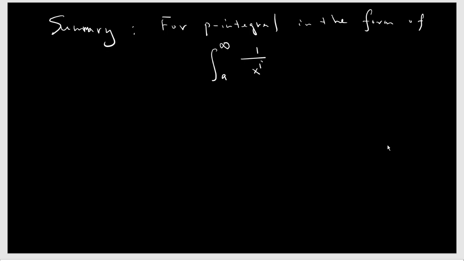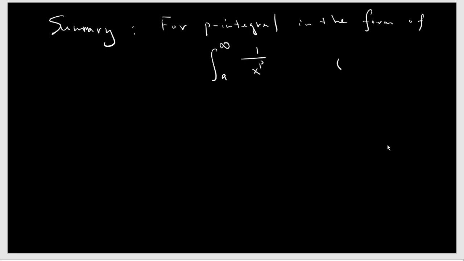So maybe for a p integral in the form of, actually this one can be replaced with any positive number. So now let's say from a to infinity, 1 over x to the power of p.